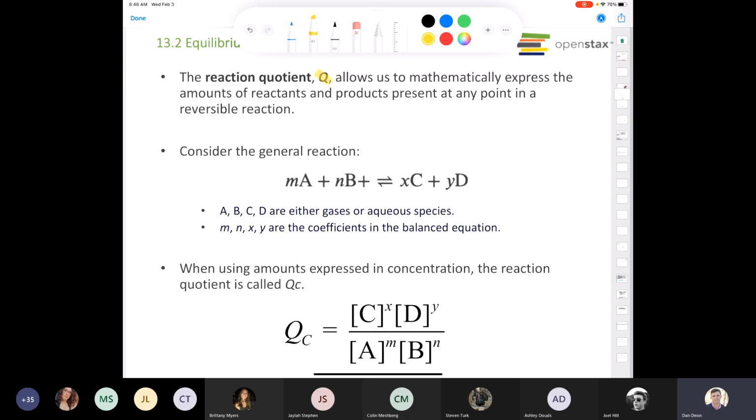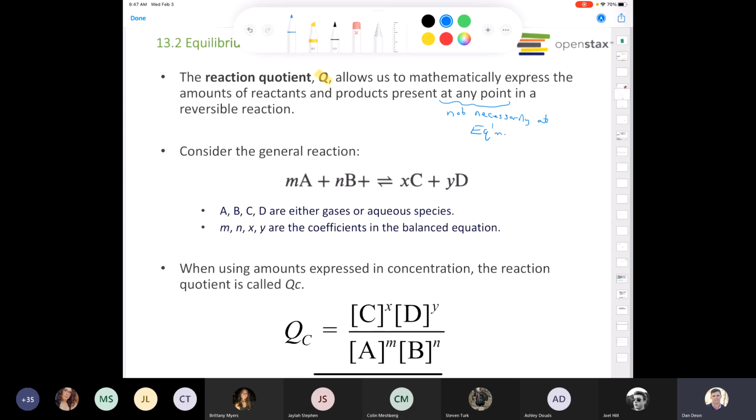It allows us to provide a mathematical expression for the amount of reactants and products at any point in a reversible reaction, meaning not necessarily at equilibrium.